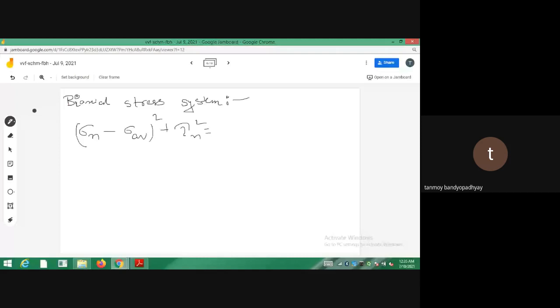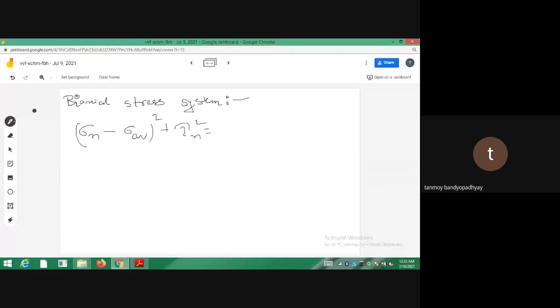It was sigma x minus sigma y by 2, whole square, plus tau xy square. Okay? So r is the root over of this term.